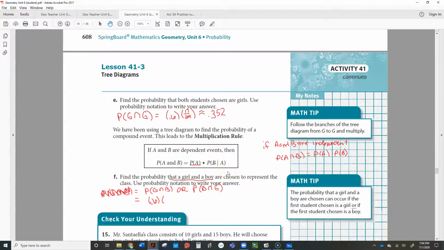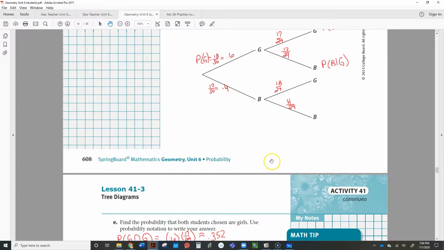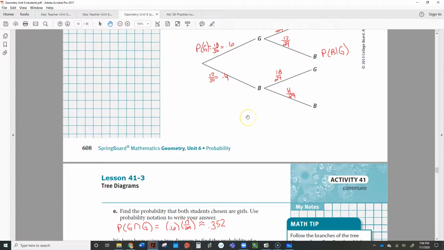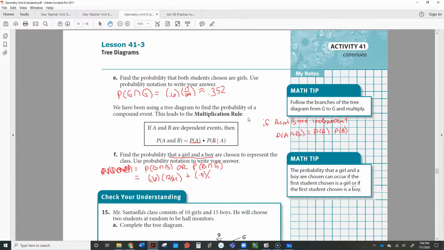So 0.6 times 12 over 29 plus probability of a boy, that's 0.4, times, what is that? Boy and then a girl, 18 over 29. That would be 18 over 29.